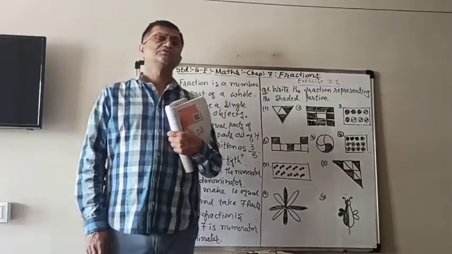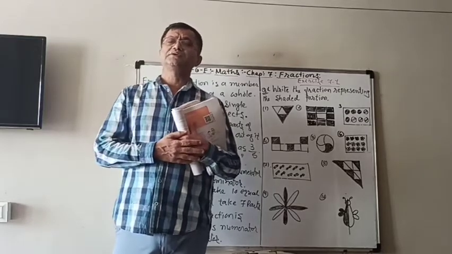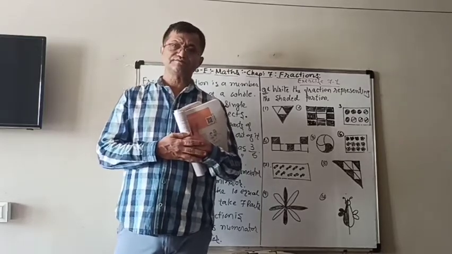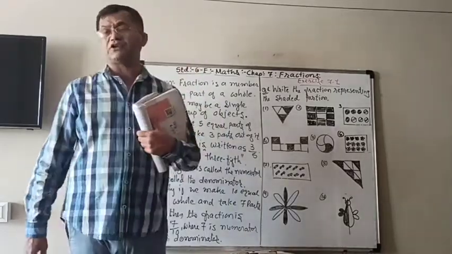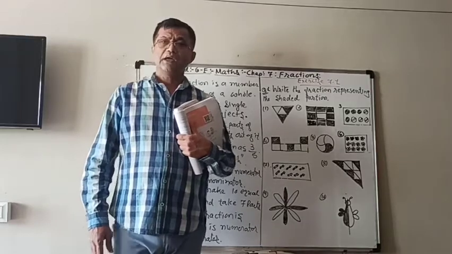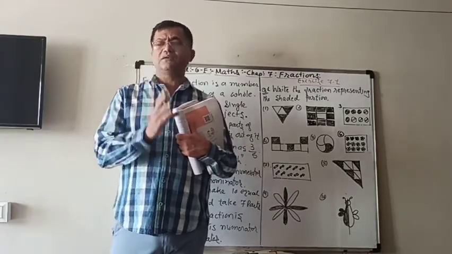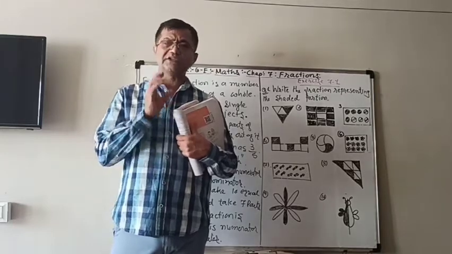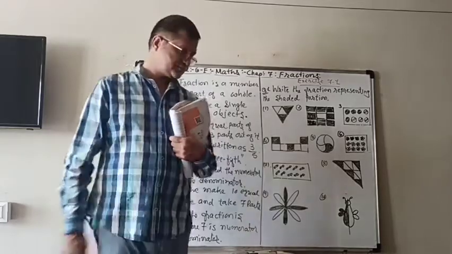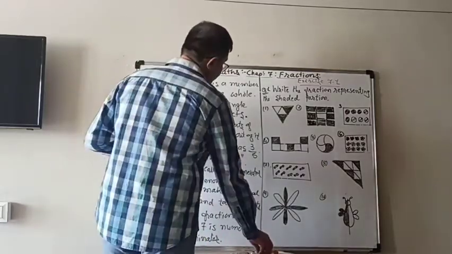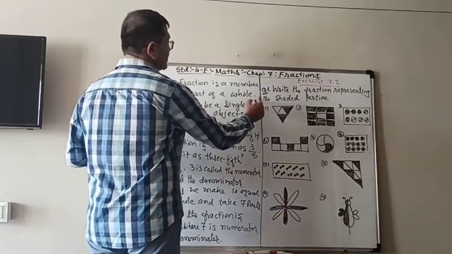So Farida took that puri and made 2 equal parts of it. And we know what the equal part of the 1 is. We call it half. When we divide one whole thing into 2 equal parts, then we say that they are half. And half in fraction we write as 1/2.